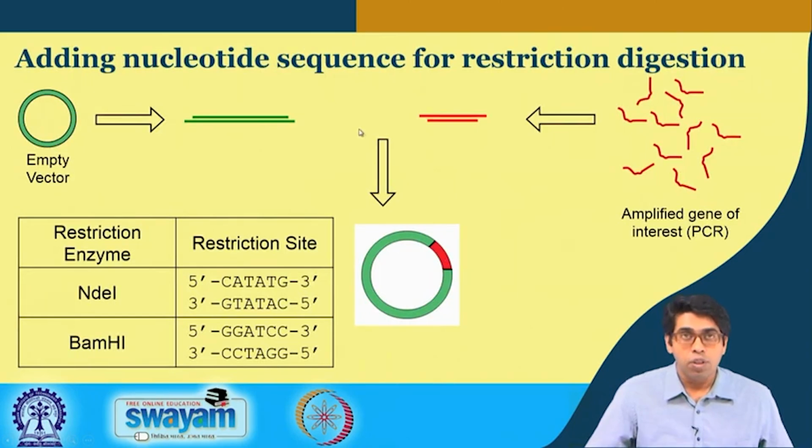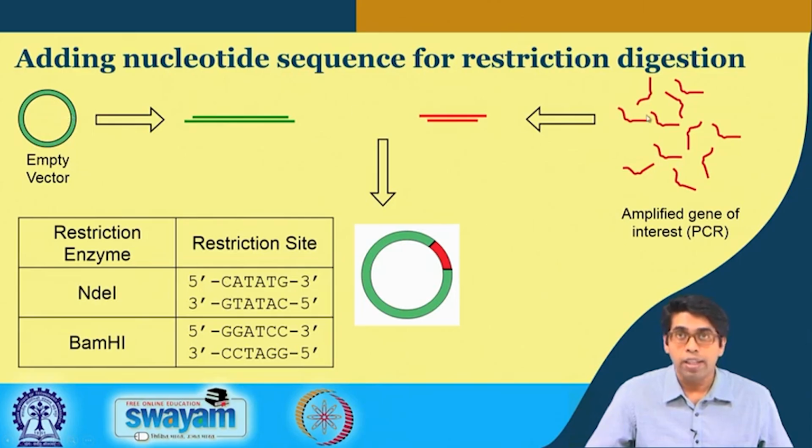So, again going back to our cloning strategy, once you have the PCR product and once you have the empty vector, we call it an empty vector because it does not have our gene of interest encoded in it.